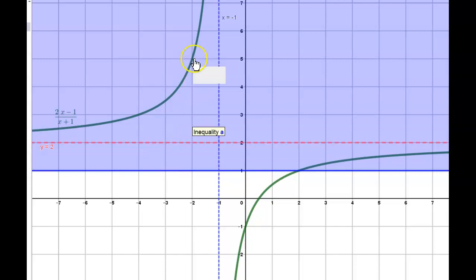Likewise, on the other section of the curve, this section here is above the inequality line, and so all the values from negative infinity down to, but not including, minus 1 will also be part of the solution. So we're going to see how to get that in a fairly straightforward algebraic process without having to worry about what the graph looks like and where the asymptotes are and so forth.